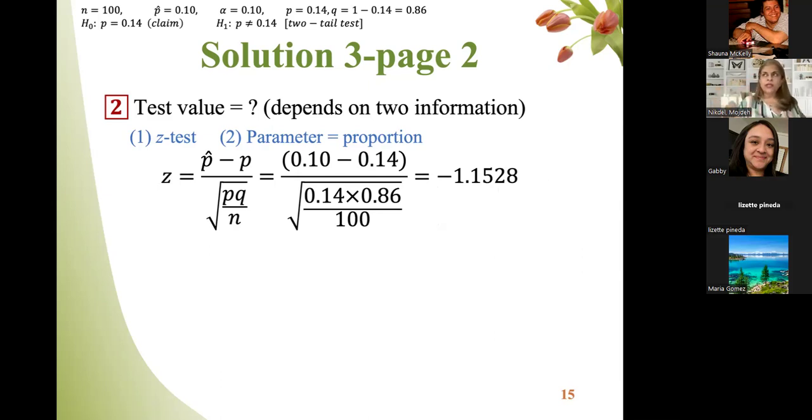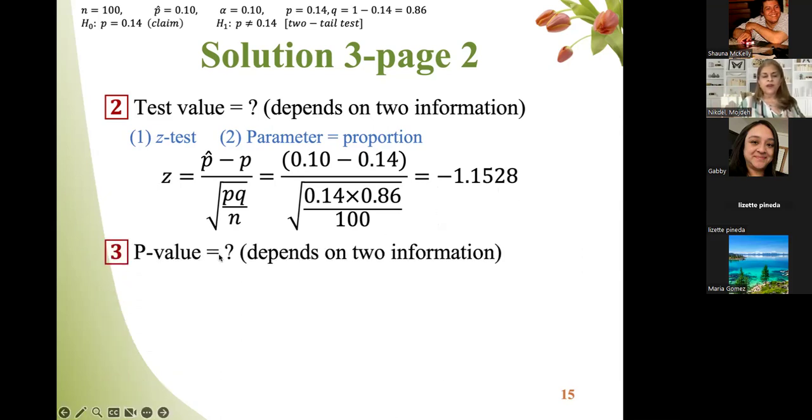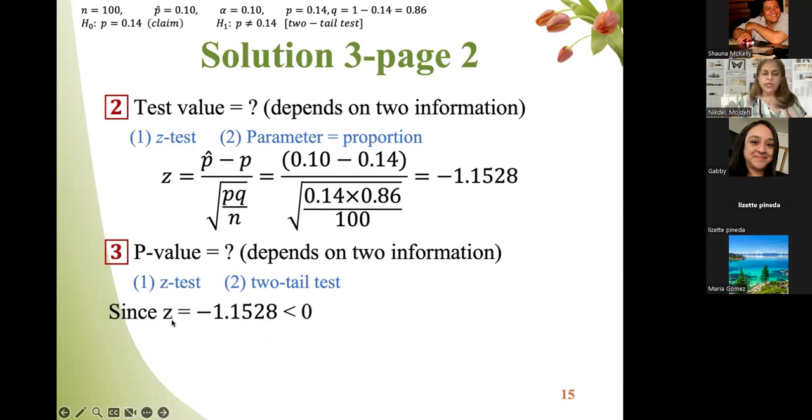Now we have to find our p-value. The p-value depends on two things: our statistical test, the z-test, and our two-tailed test. A p-value is the area of the tail. Here we have a two-tailed test, so to find the area, we use normal CDF. First of all, I need my test value.